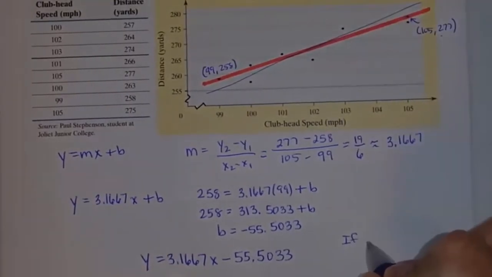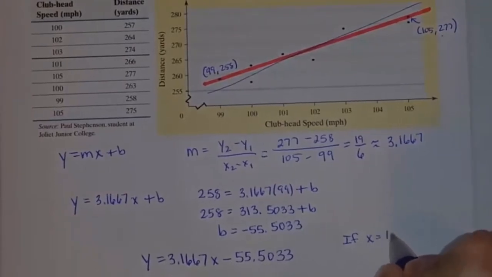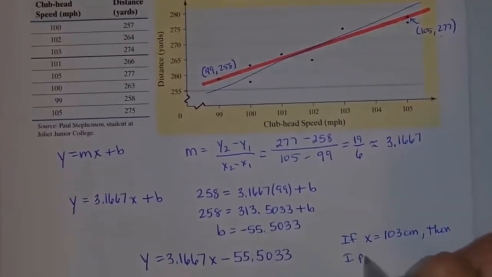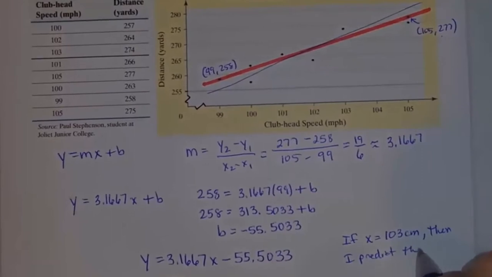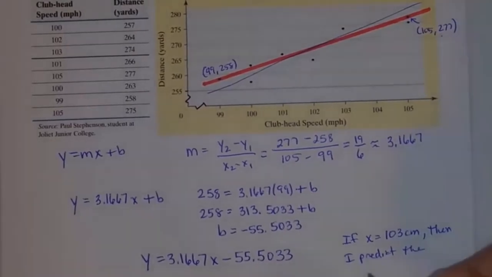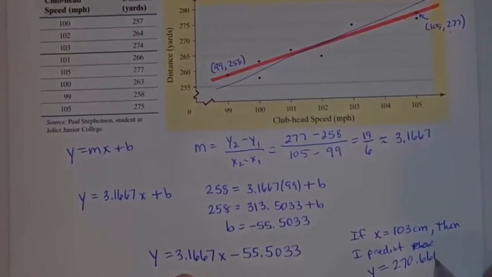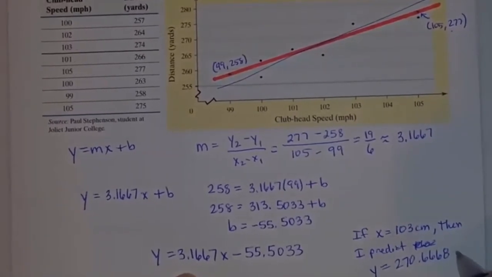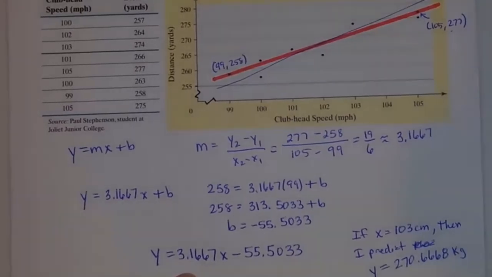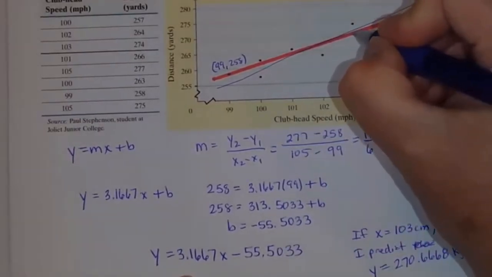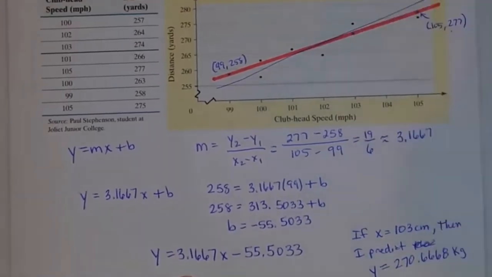So in other words, if the length of the bear is 103 centimeters, then I predict y equals 270.6668, which I said I was going to round and then I didn't, kilograms. So 270.7 kilograms approximately. So 103 and 270.7 would be around right there on that red line.